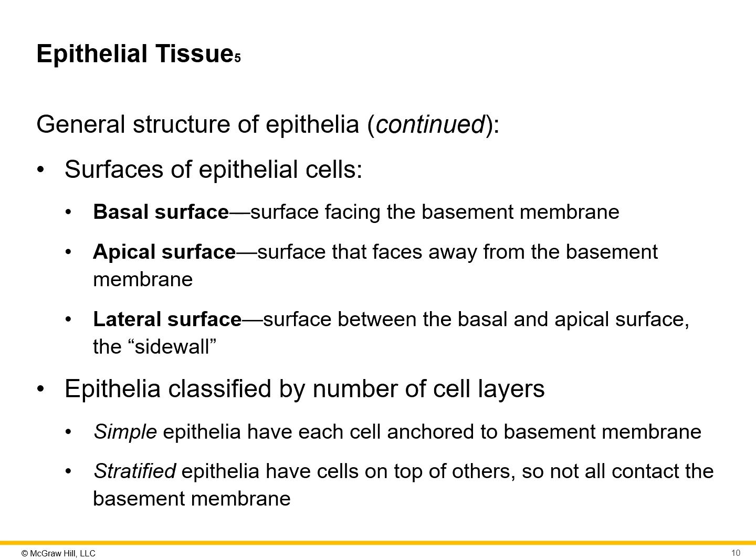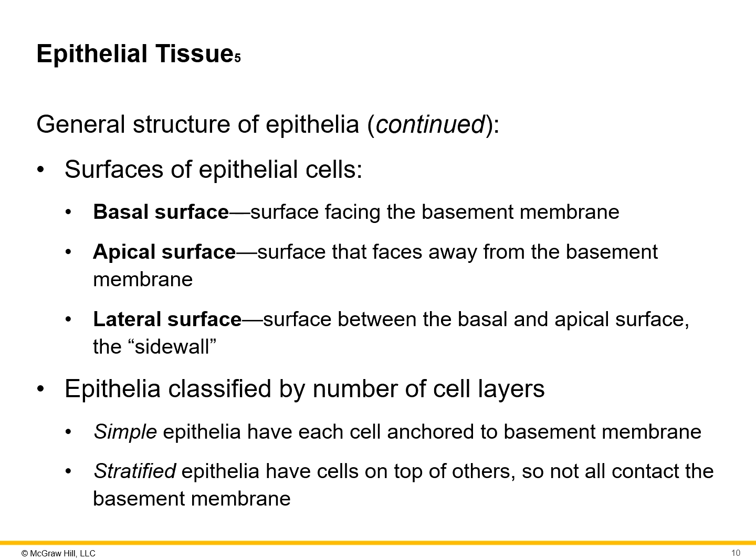It is the surface that is not touching any other cell. It faces away from the basement membrane. The basal surface is the surface that is facing the basement membrane and comes into contact with it. And then we're going to have a lateral surface, which is between the basal and the apical surface. It's like the sides or the wall of the cell.